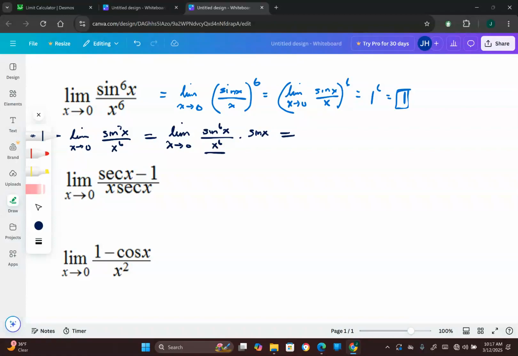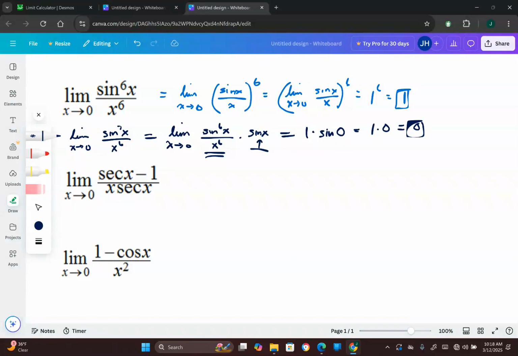Well, when you multiply functions, you can multiply their limits. The limit of this first one, we already know from the previous example, is 1. And this one right here, I can plug in 0. What is sine of 0? Well, it's 0. So the limit of this one is 0. So those formulas can even help us figure them out when the powers don't match. Now, these next two are kind of tricky.